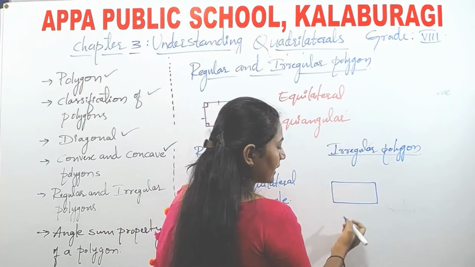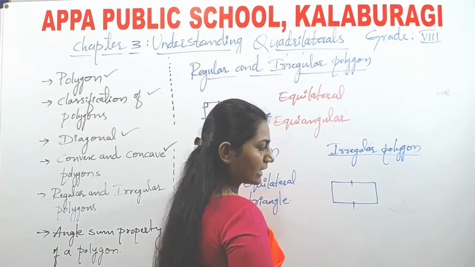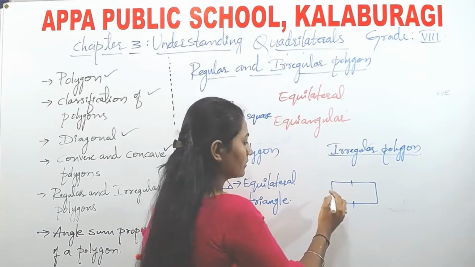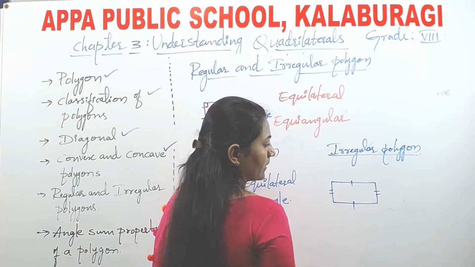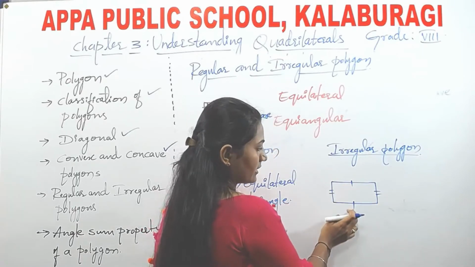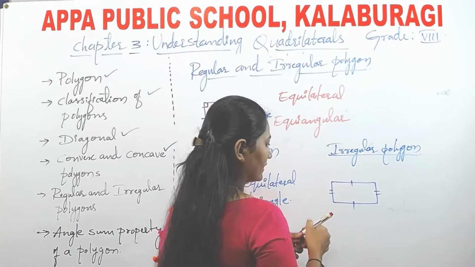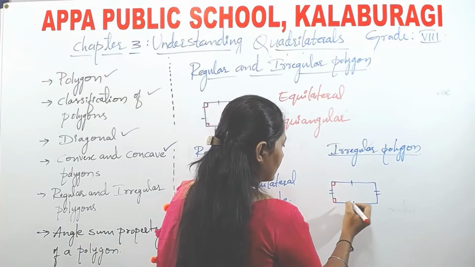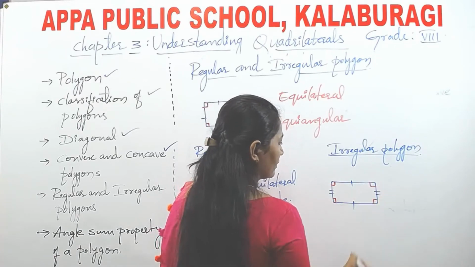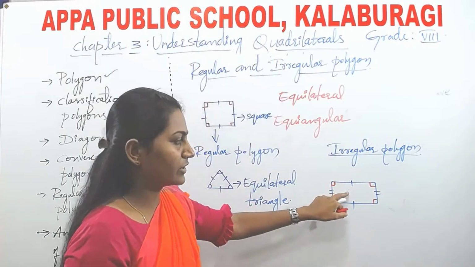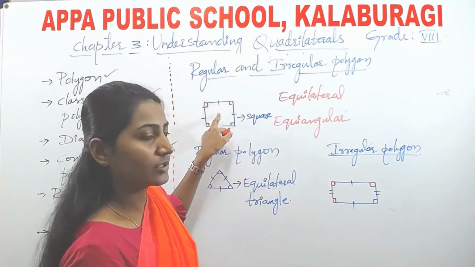So what happens in a rectangle? These two sides, that is the opposite sides, are equal in length, and these two sides are equal. And what about the angles? All the angles are equal in measure. That is, each angle of a rectangle measures 90 degree as that of a square.